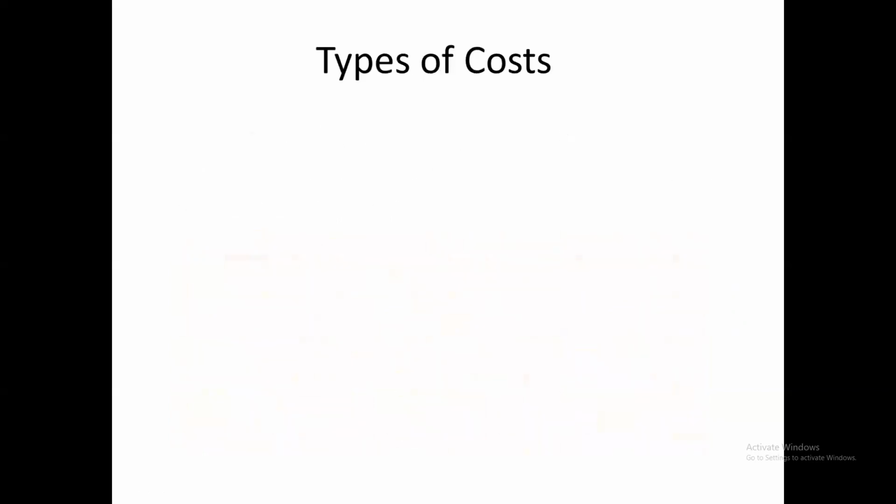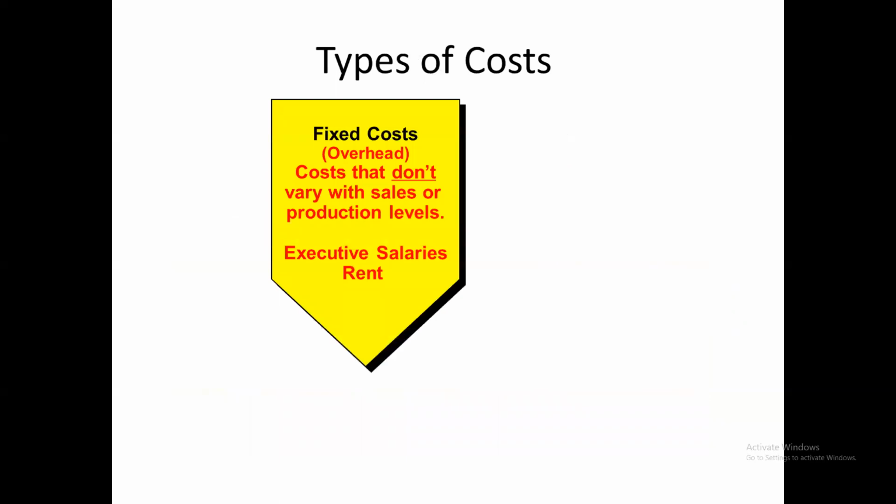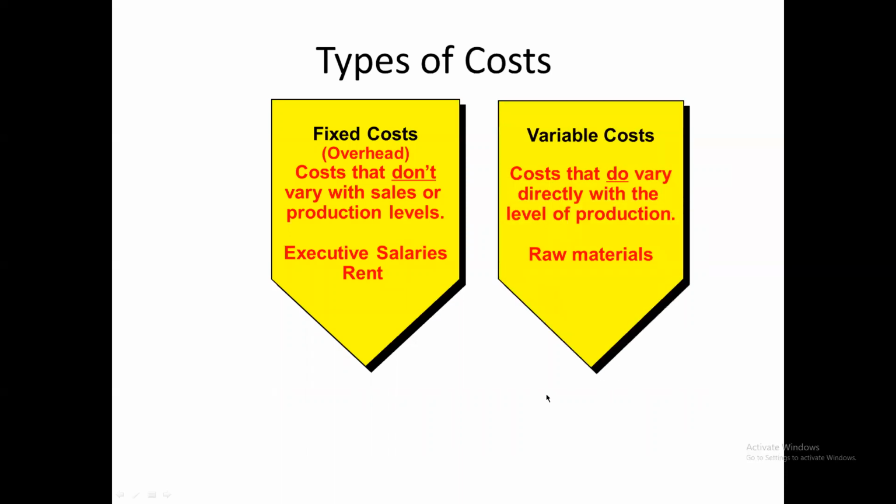Then we have to see what the fixed cost and the variable cost are. Fixed costs are those costs that do not depend on the production level or sales level. These are the executive salaries and rent, and these will always be fixed for a company. And there are variable costs, which are costs that vary directly with the level of production, such as raw materials and the process of production.